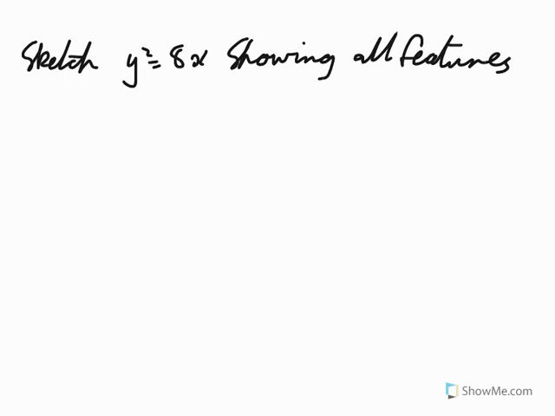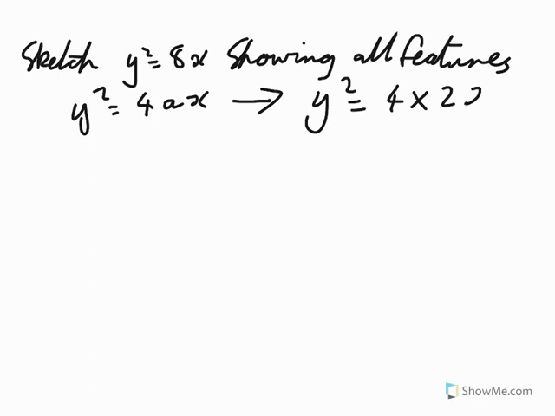There's no translation in it, so it's got to be y squared equals 4ax. So it's y squared equals 4 times 2x, and so from that, a equals 2.